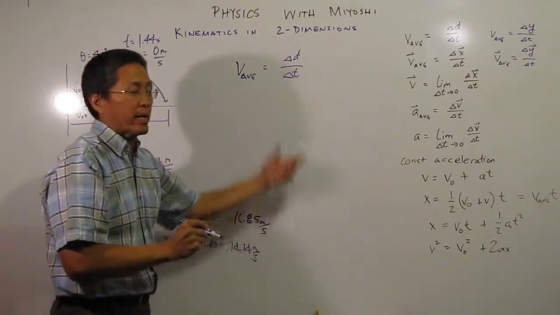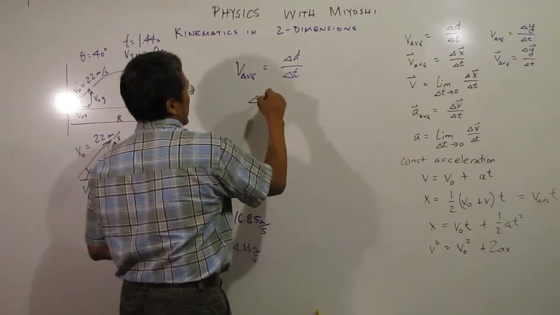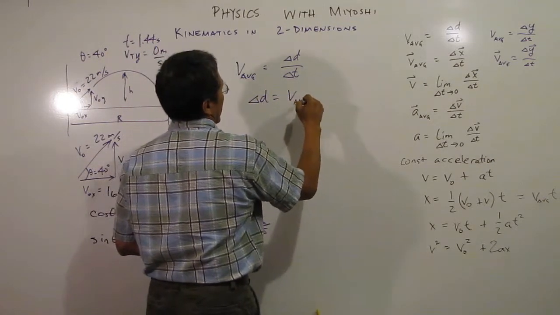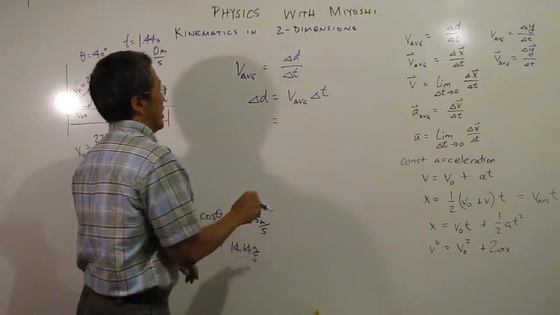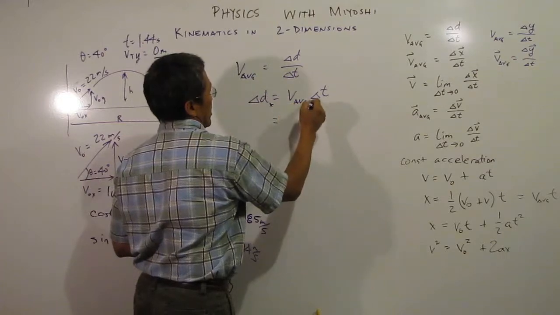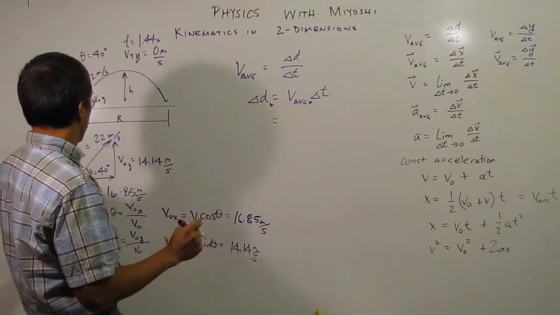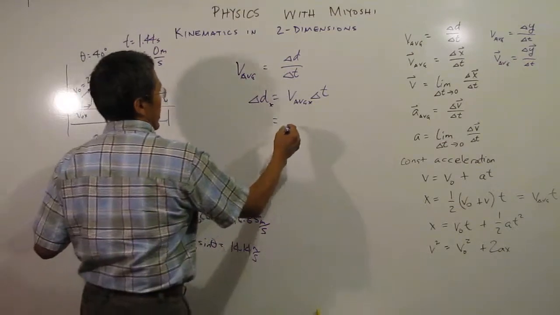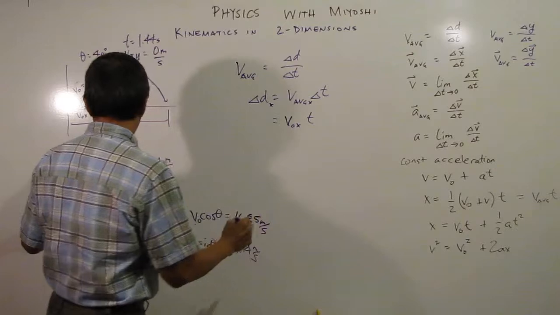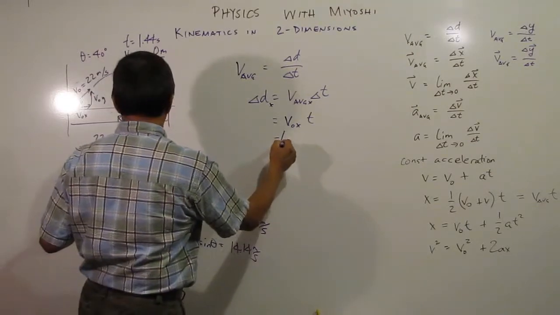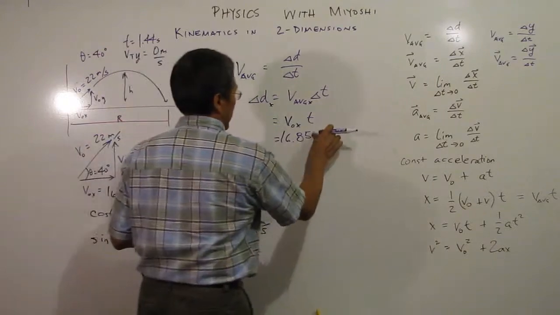I can rearrange that to be delta d is v average times delta t. So in the x direction, my v0x was 16.85 meters per second.